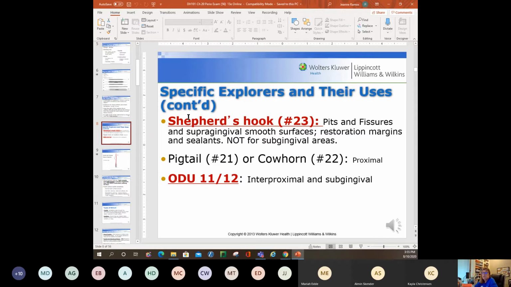They're wanting to know that you know that that is all for supragingival. And if it's interproximal and sub, I would say the 11/12 ODU, even though we can use the 11/12 ODU on the supra as well.